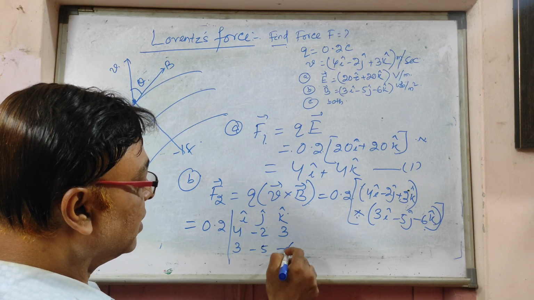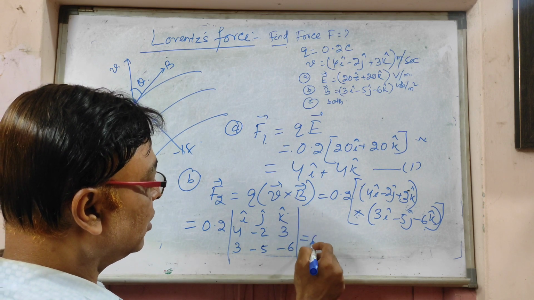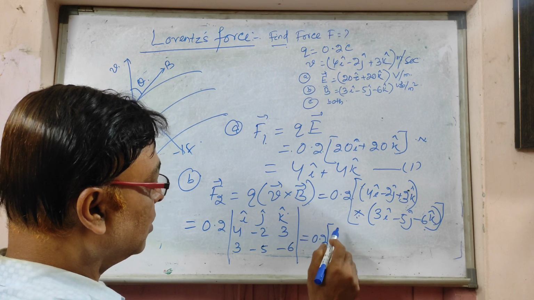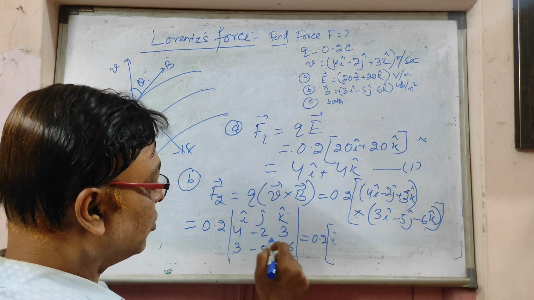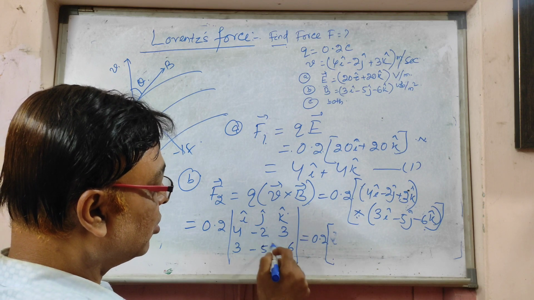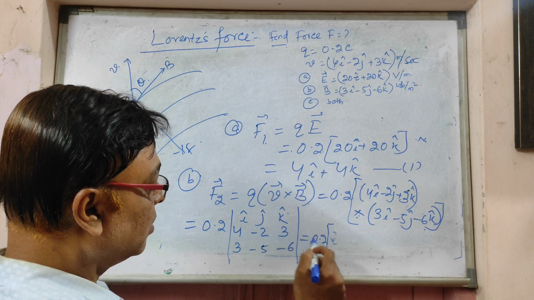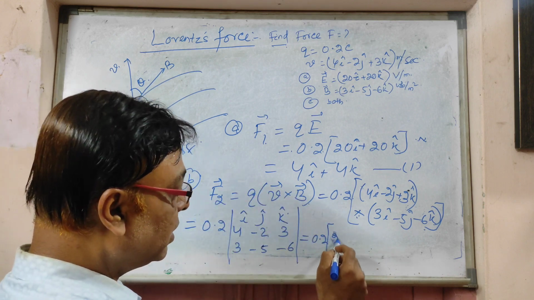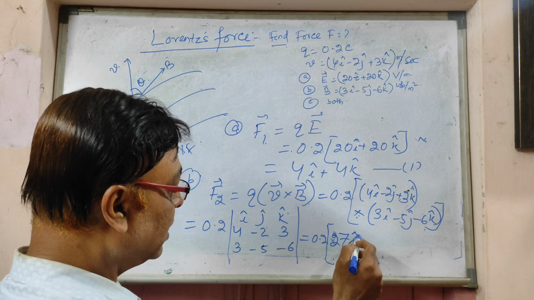If we expand this, it will be 0.2 into I times minus 2 into minus 6 cross multiplied, minus 5 into 3, so 12 plus 15, which is 27I.